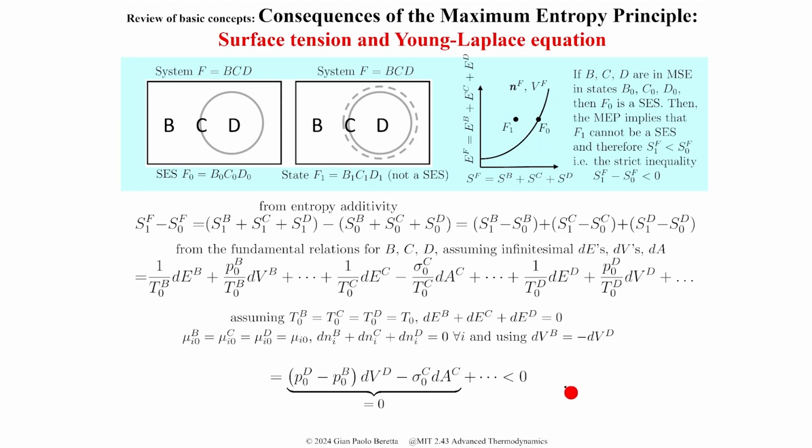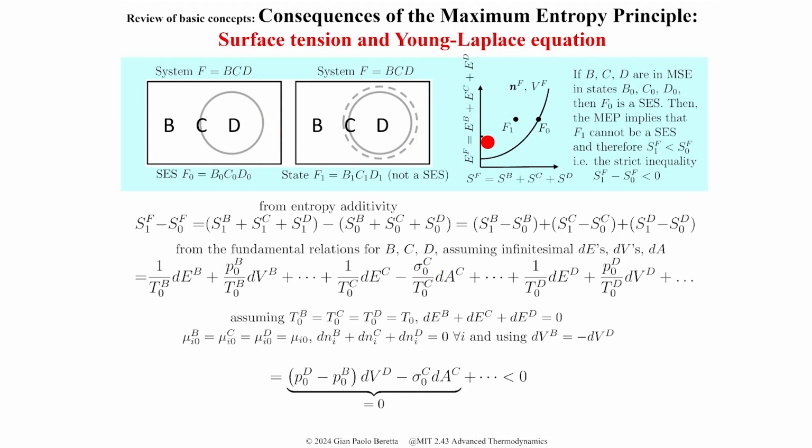Here's the minus, the negative sign. We apply additivity. We now have three systems. So B and D are like we've done before, but now we also have system C, for which the Taylor series expansion, the first terms in the expansion contain the surface tension.